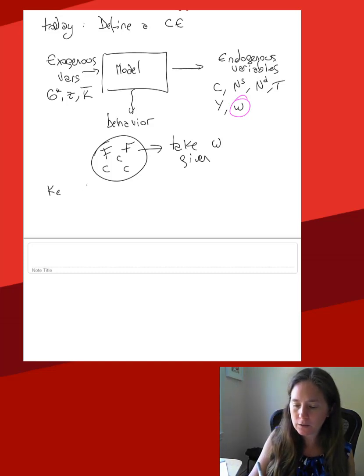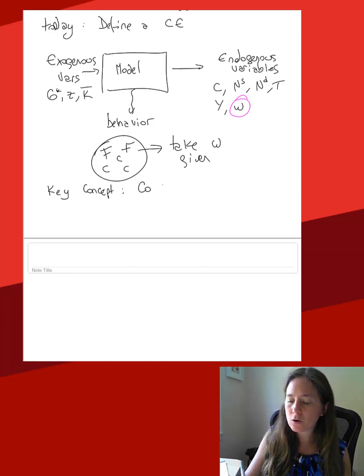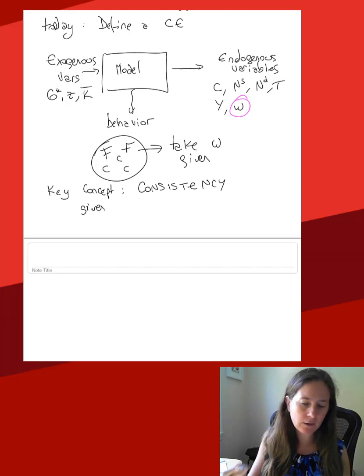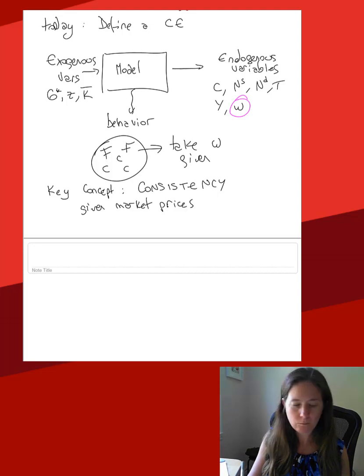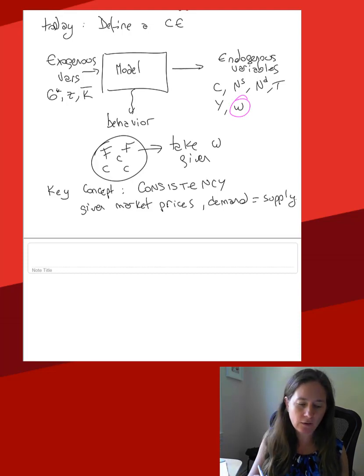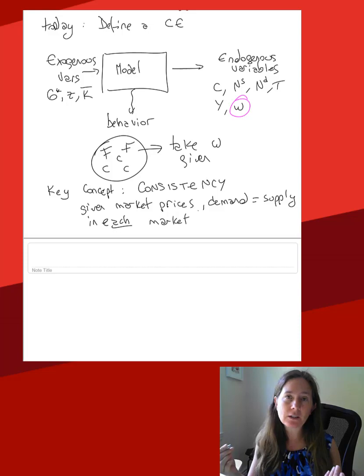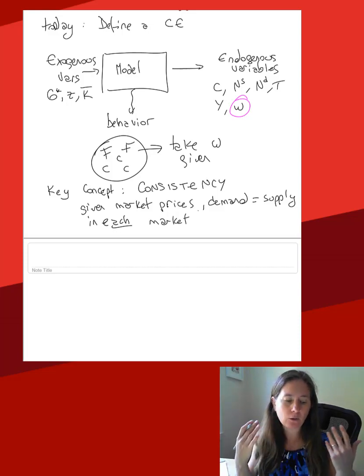Okay, so what is the key concept? Let me put here, the key concept when we think of equilibrium is the concept of consistency. And basically what we are going to require is that given market prices, demand and supply are going to be equal to each other in each of the markets that we are going to consider, which in this case are the labor market and the goods market.